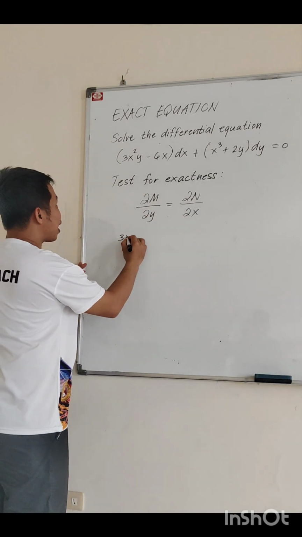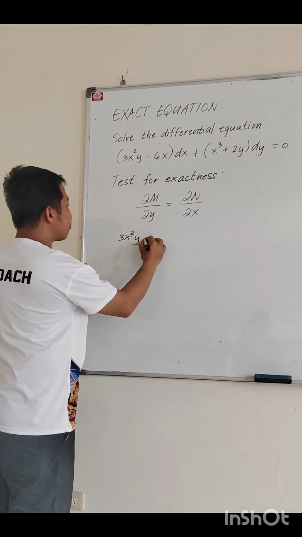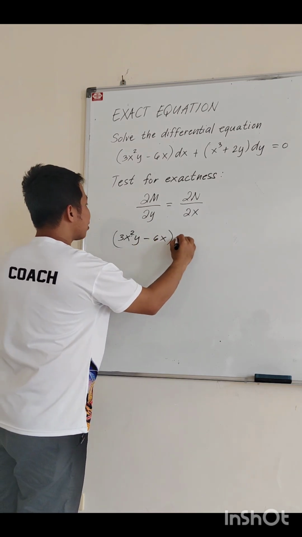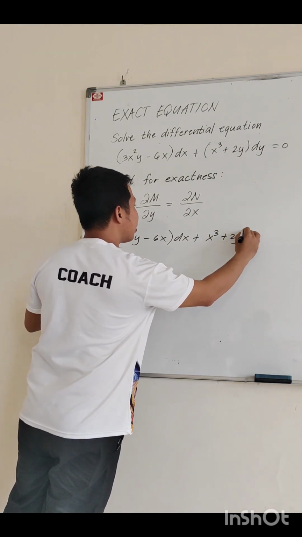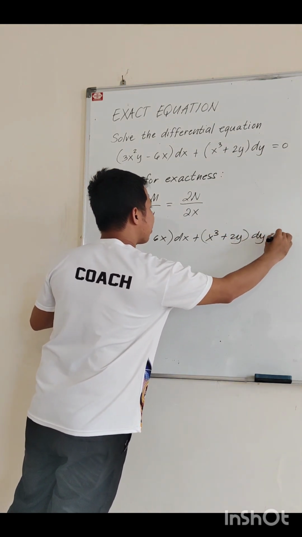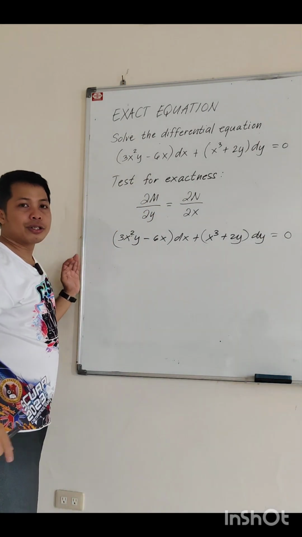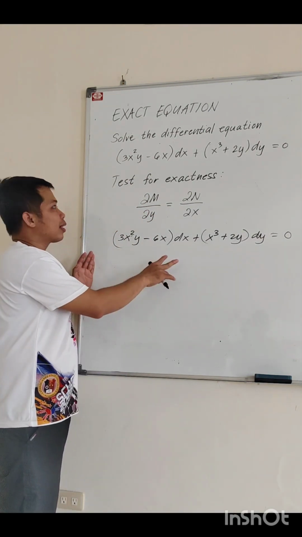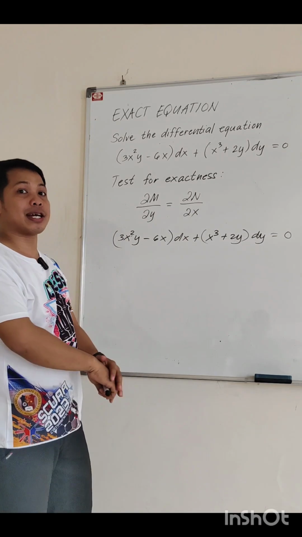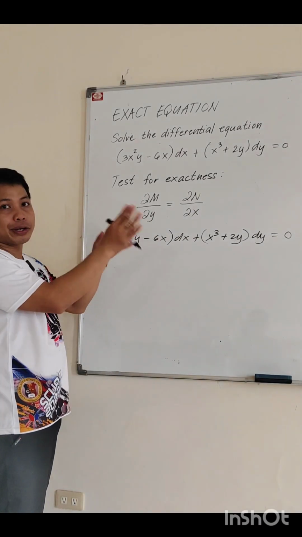So, we have 3x squared y minus 6x dx plus x cubed plus 2y dy is equal to 0. Okay? So, before tayo makapag-solve ng differential equation na ganito, kailangan nating i-test yung exactness niya. Kaya nga, exact equation.